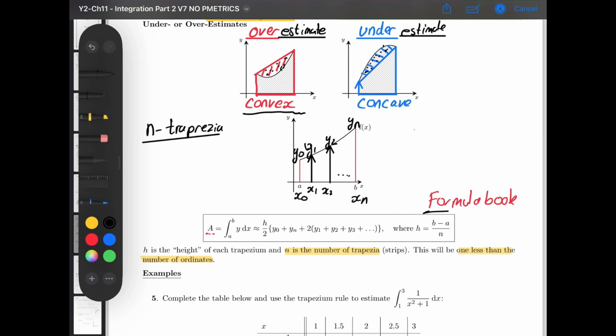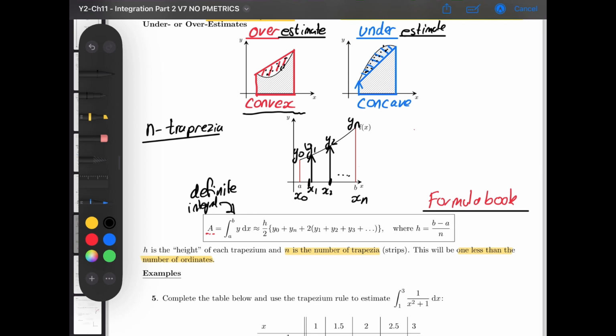And in our formula book, we are given the following formula. The area under the curve, which is the same as the definite integral, can be approximated, not exact, but approximately equal to h/2, and then adding the two endpoints only once, but for all of the middle trapeziums, for example this one and this one, their y ordinates get added twice, once for each trapezium.